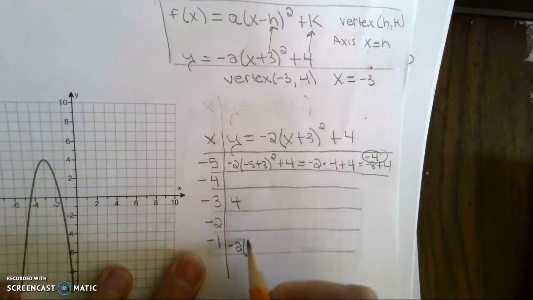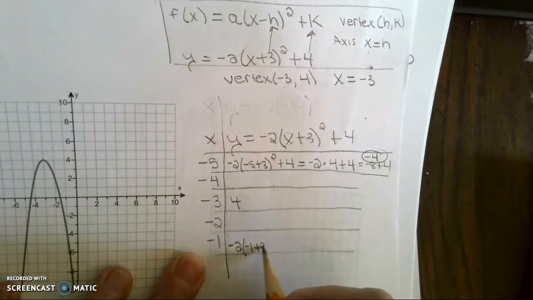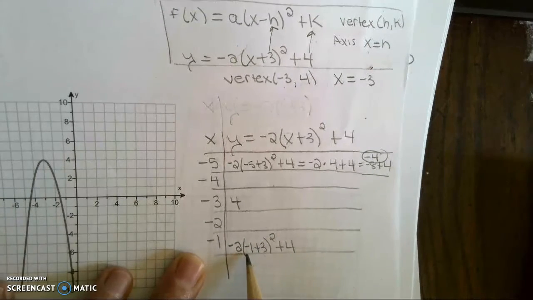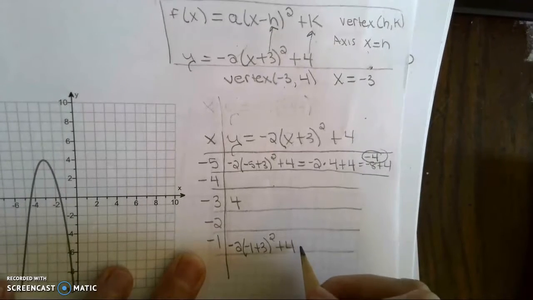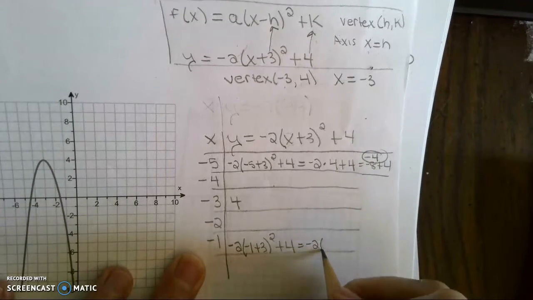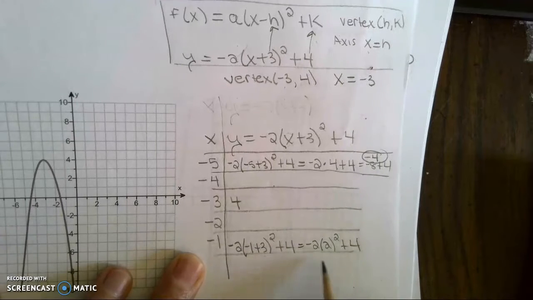So I'm plugging in -1 right here. Again, all I do is plug in -1 for x here. This gives me 2. This one I have more room, so I'll write more steps. This gives me -2 times 4, which gives me -8 plus 4.